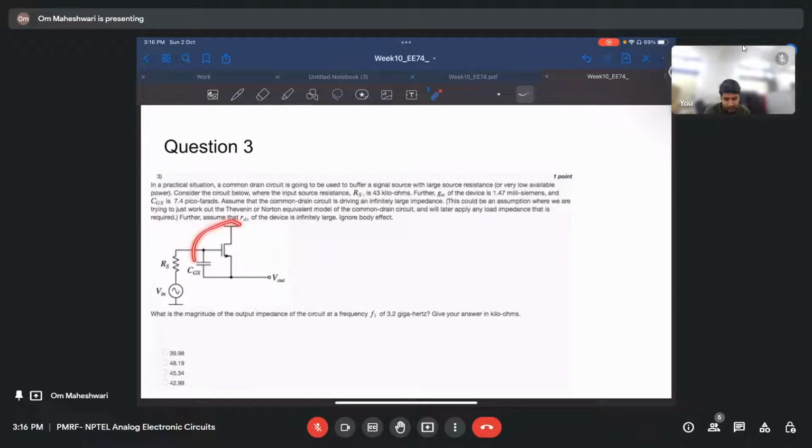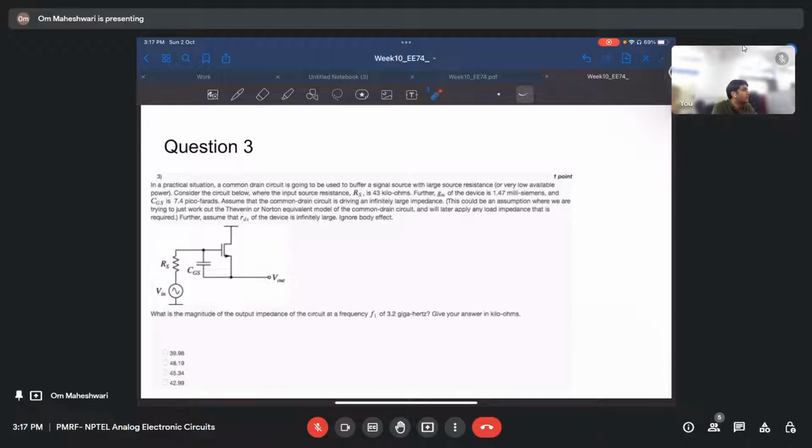This common drain circuit is actually used as a buffer, right? So it is used for impedance matching. The output generally will have high impedance, so we need to consider this source resistance in our analysis. That is why they have told here that in a practical situation it will have a large source resistance.